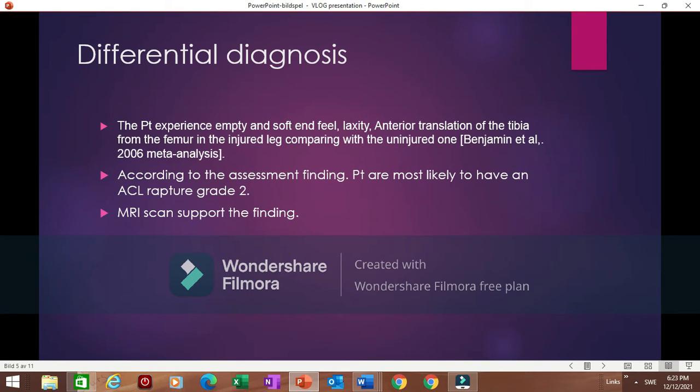laxity and anterior translation of the tibia from the femur in the injured leg compared with the uninjured one. According to the Benjamin et al. 2006 meta-analysis, the sensitivity of this test can be around 92% and the specificity around 91%.